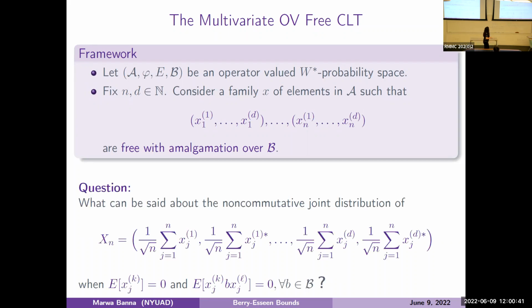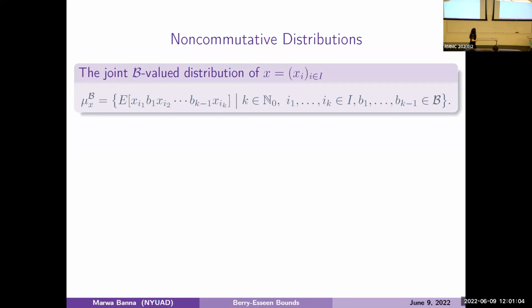And we're interested in studying the non-commutative joint distribution of Xn, again under the conditions that they are centered, and where we don't take them to be self-adjoint. So what is the non-commutative joint distribution in the operator valued setting? It's defined in a similar way: it is the collection of all B-valued moments, that is, all mixed moments in these elements. The distribution is just given by this collection.